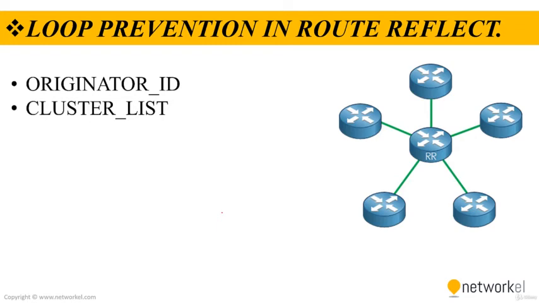When it comes to the originator ID, this optional non-transitive BGP attribute is created by the first route reflector and sets the value to the router ID of the router that injected and advertised the route into the AS. If the originator ID is already populated on an NLRI, it should not be overwritten. If a router receives an NLRI with its own router ID in the originator attribute, the NLRI is discarded.